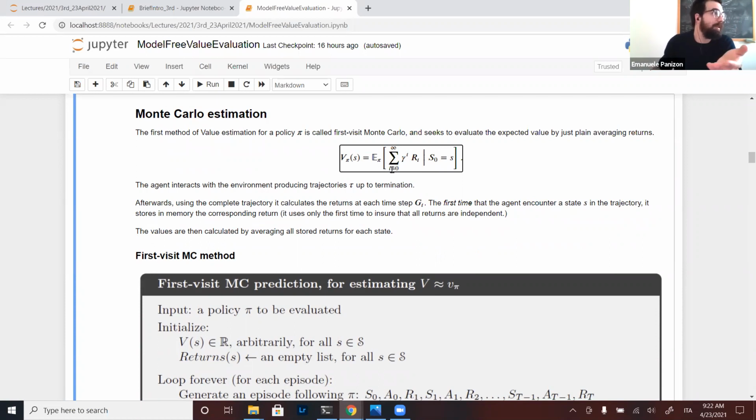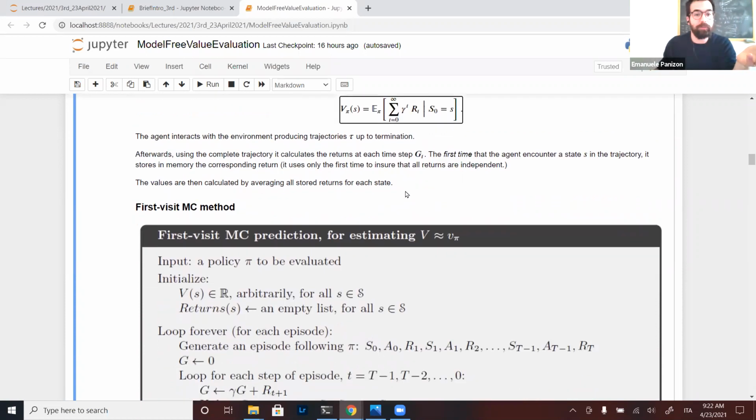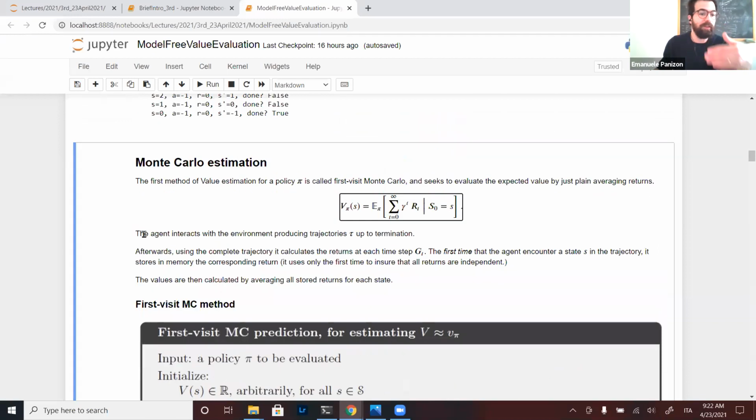This is what this definition is. So the idea is that the agent interacts with the environment and produces many trajectories. From the trajectory, I can calculate the returns at each time. So if I get a trajectory from T0 to the termination, I just sum over all the discounted rewards, and this is my return for that time.